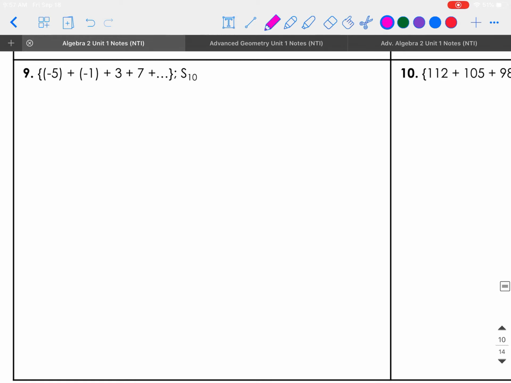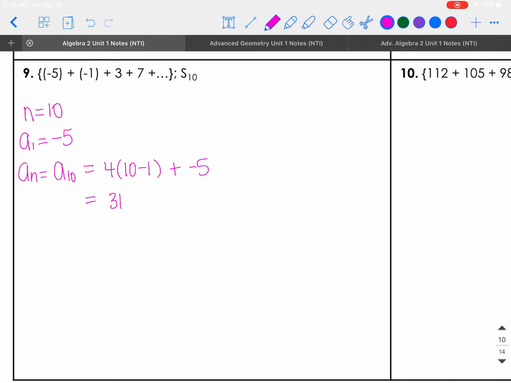All right, number 9. N equals 10. A1 equals -5. AN, that really means A10 because my N is 10. And so I need to know my common difference, which is 4. N minus 1, 10 minus 1, plus -5. We get 31.